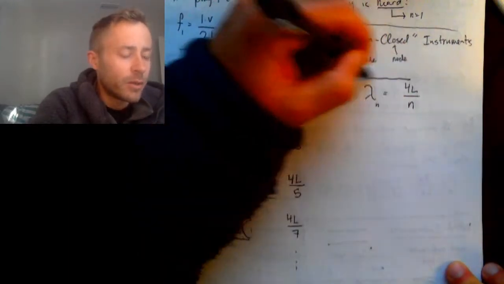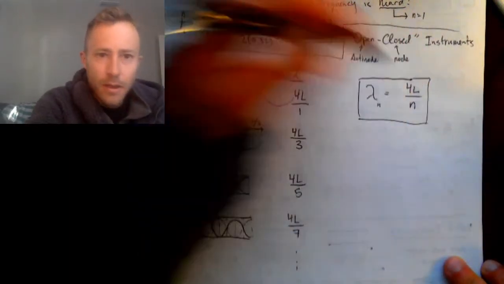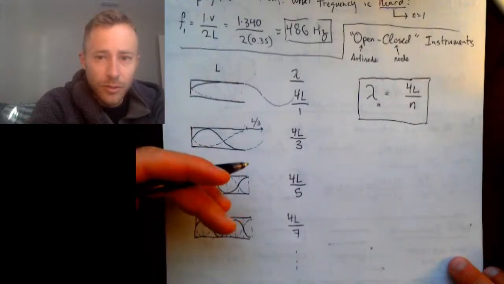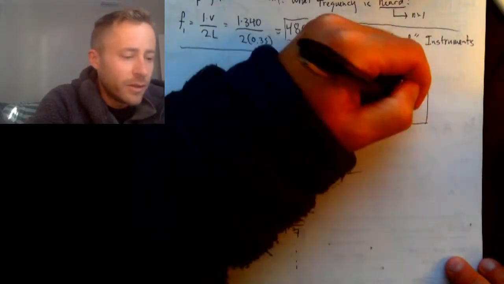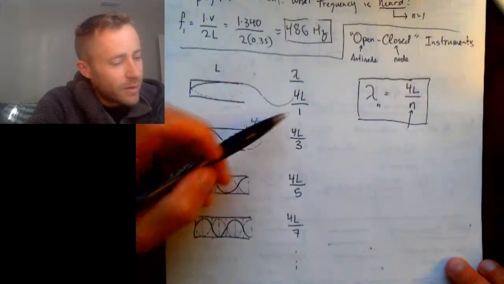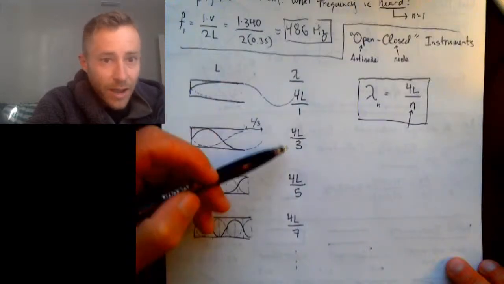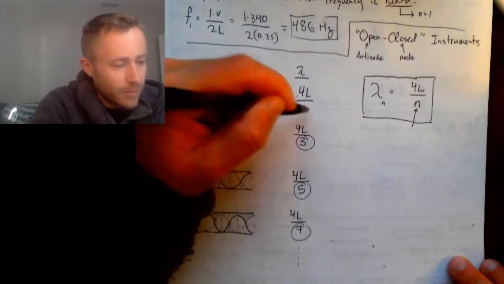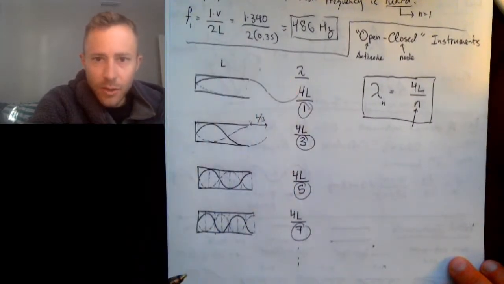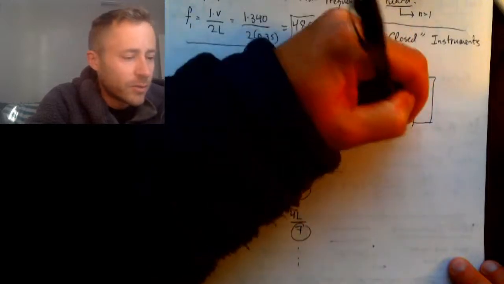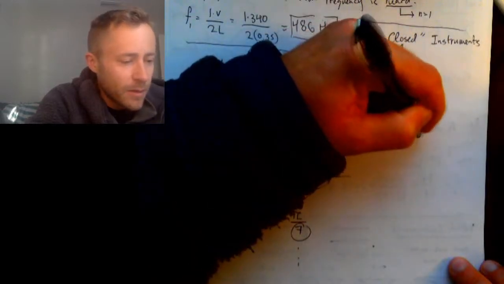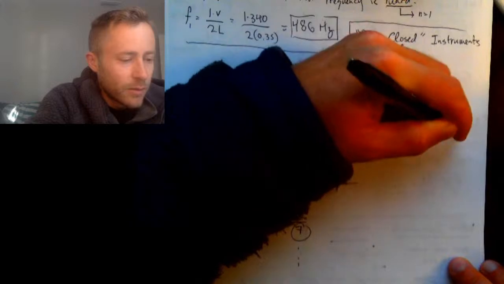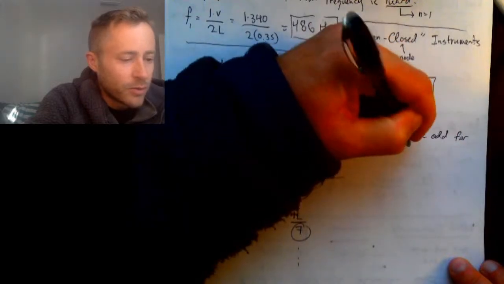But here's the thing, when you're talking about open-closed instruments, we don't have a second harmonic. This is the harmonic number right here, so N must be odd for open-closed instruments.